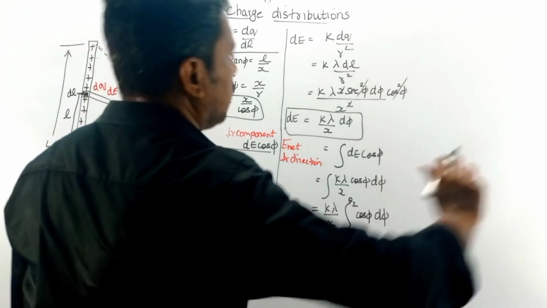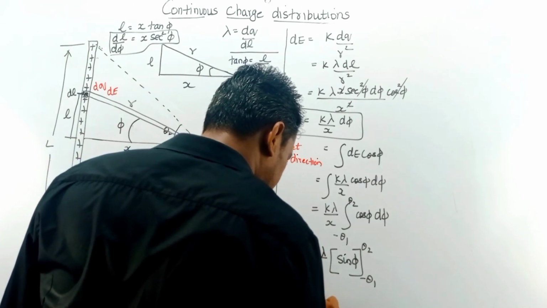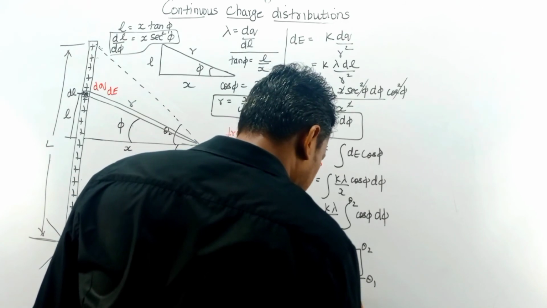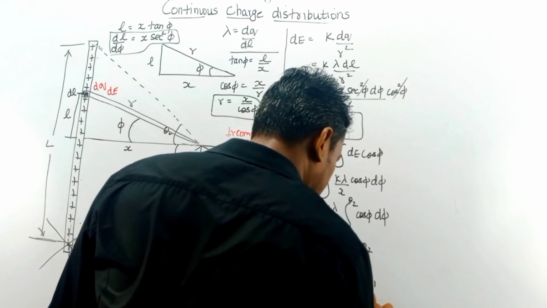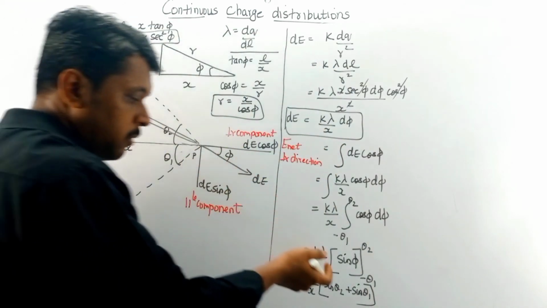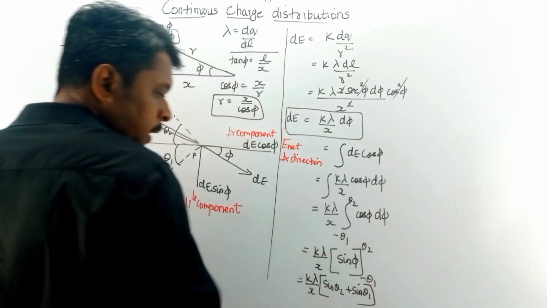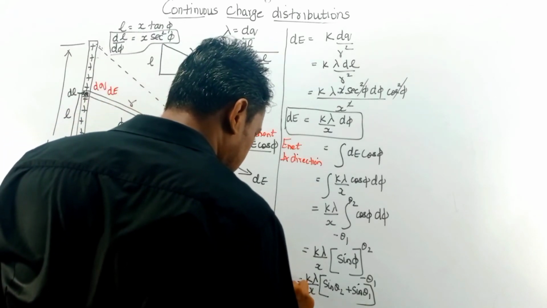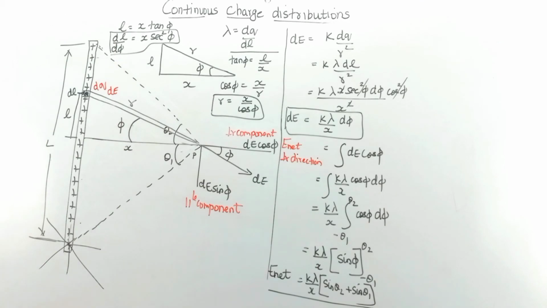So this could be written as k lambda by x, and when you apply the limits, it becomes sine theta 2 plus sine theta 1, since minus and minus becomes plus. This is the net electric field in your perpendicular direction.